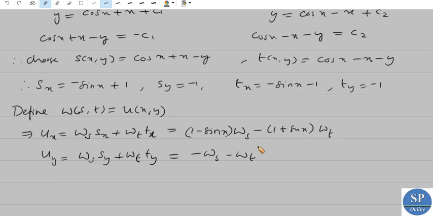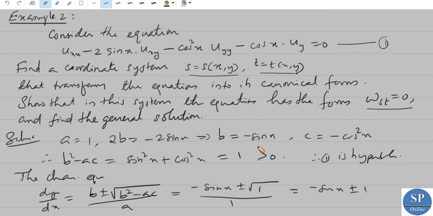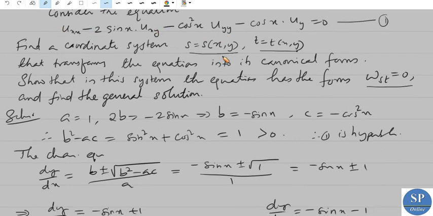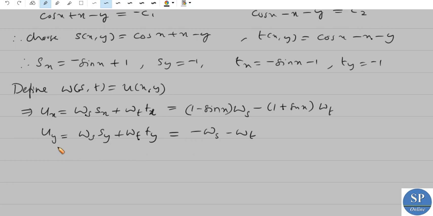Now actually we have to find the partial derivatives u_xx, u_xy and u_yy. So u_xx is partial derivative of u_x with respect to x. From this we can write first w_s into derivative of 1 minus sin x, that is minus cos x, plus (1 minus sin x) into derivative of w_s with respect to x.